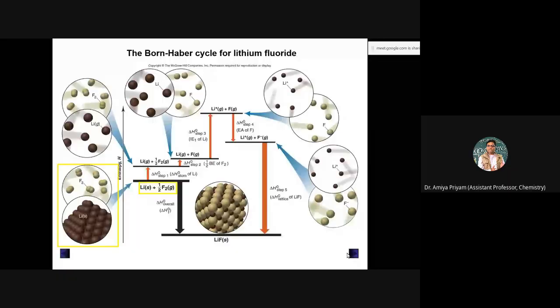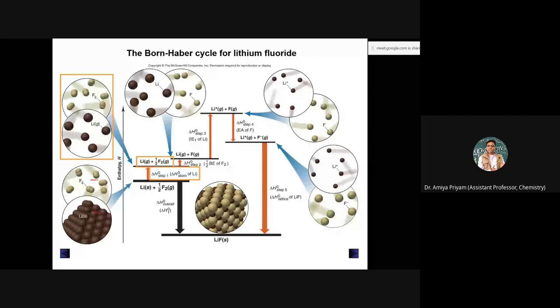Okay. So first part, lithium and fluorine in gaseous state. Then second, these are the steps involved. We call it the enthalpy of sublimation.